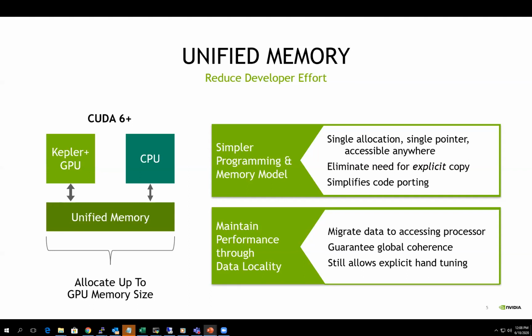As a result of that simplification, I now essentially, from the programmer's perspective, have only one copy of the data to think about and to manage. And because we only have one pointer, there's no copying needed. This also, as we'll see, can simplify code porting. I'm going to come back to that once or twice. So for now, let's just latch onto that idea that this may simplify the process of code porting.